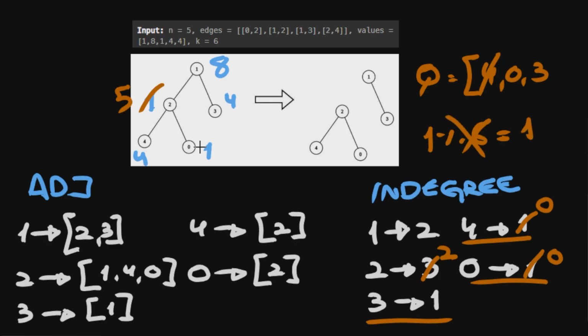So at this point we can add this value to our only next option, meaning this node, and 1 plus 5 is 6. And now we need to remove the corresponding in-degree from node 2. So we go here and this is now 1. And given that now we only have 1 in-degree here, we are ready to add this to the queue.